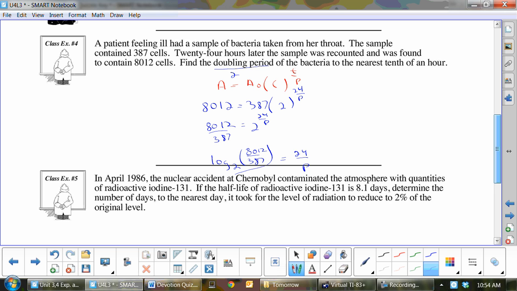Now, this is all over 1, right? So these two can trade, right? So I can get P all by itself. So P would equal 24 over log 2 of 8,012 over 387. Now I'm always going to take the time with you to get it to P equals in case you ever get asked that in the diploma.